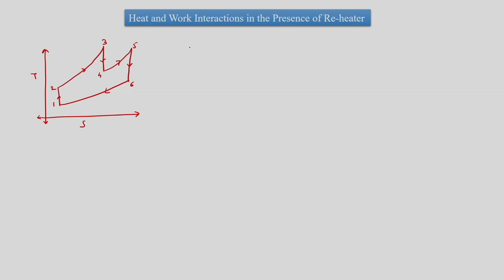Here we can say Wc is compressor work, which is H2 minus H1. There is only one compressor, so it is only H2 minus H1. So we can write it as Cp into T2 minus T1. For the turbine, there are two turbines, so we will write Wt high pressure turbine plus Wt low pressure turbine.